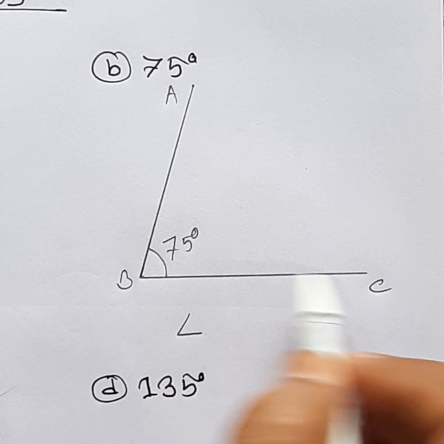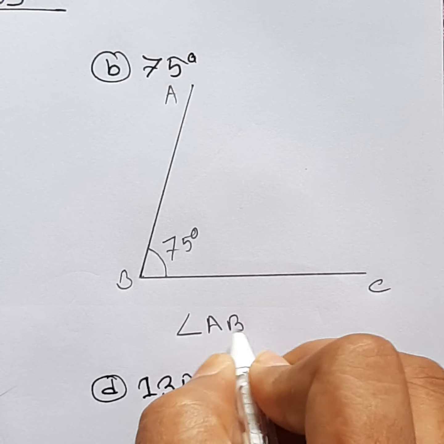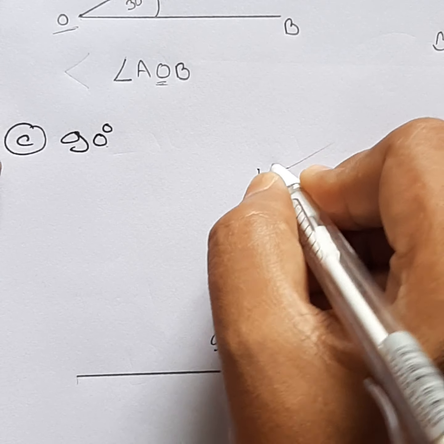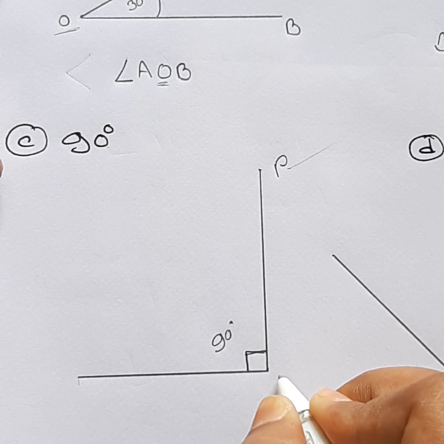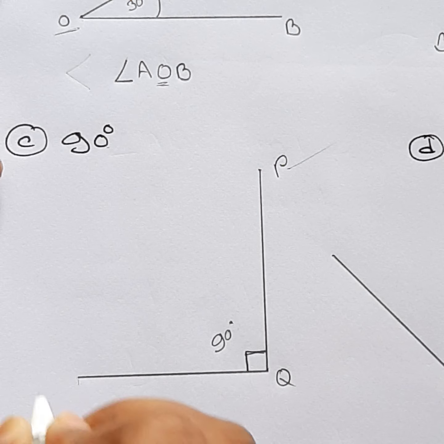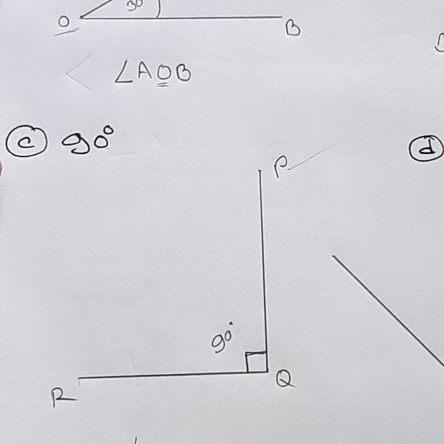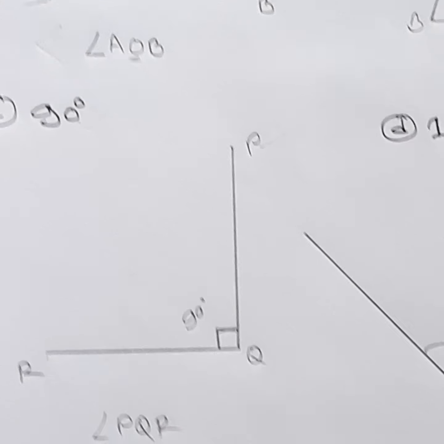We will start from A, B, C. The next one, 90 degree, let's do this. I want to name it P, Q, R. So what would be our name? Our name will be angle PQR.